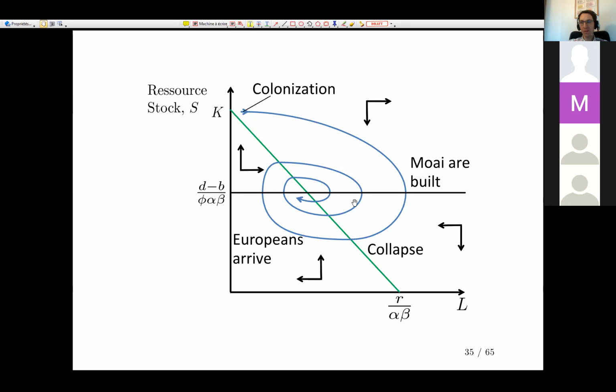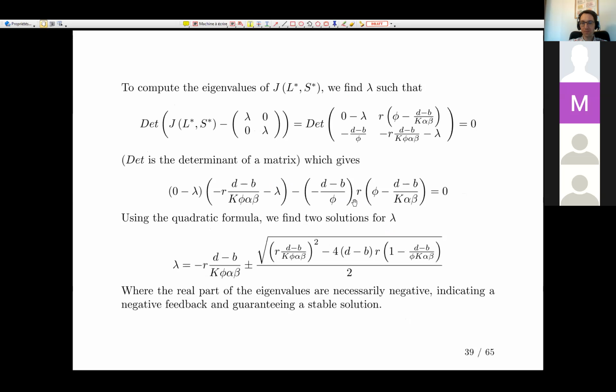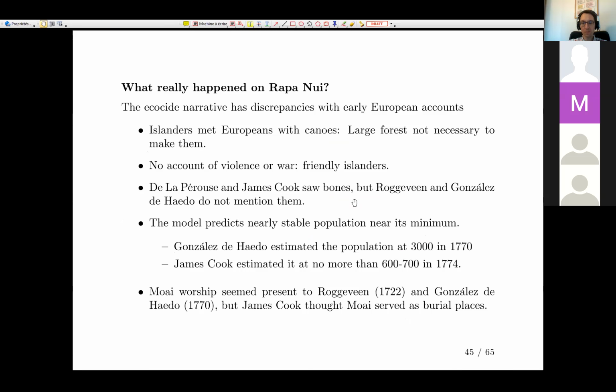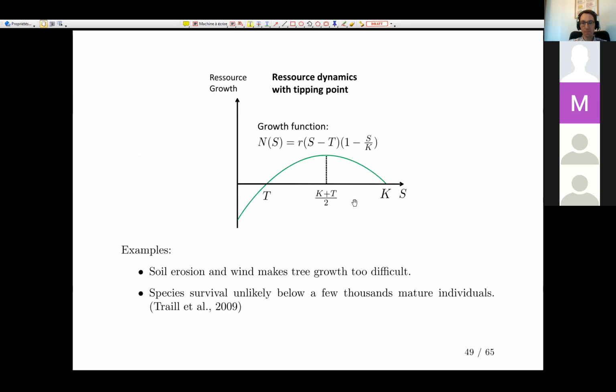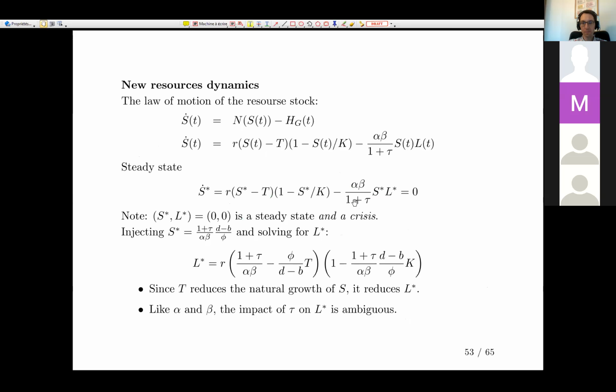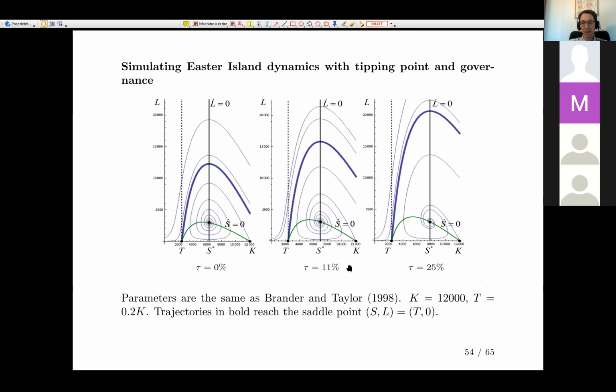So now let me go back. Okay. So you see now resources are on the x-axis and population is on the y-axis. Otherwise, it's the same model. And then before you had this curve that would have been straight.